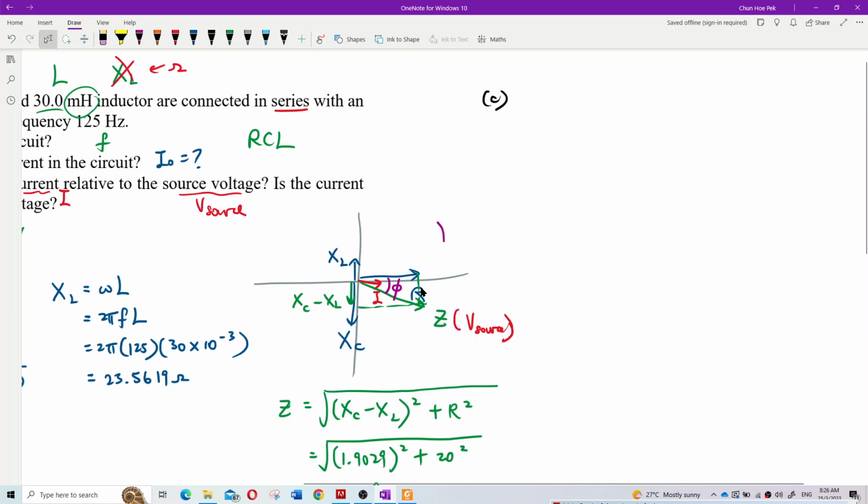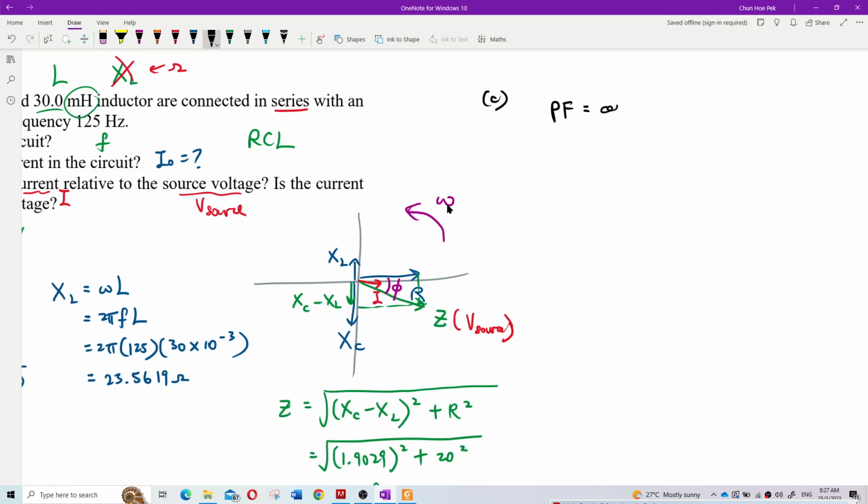Remember, the rotation is anti-clockwise. The phase angle here is between R and Z. So actually you can just use cos phi, which is the power factor.